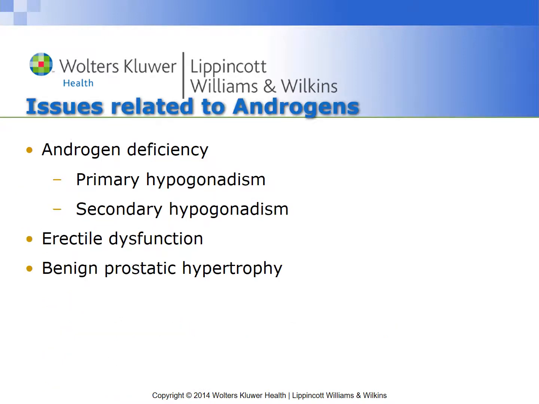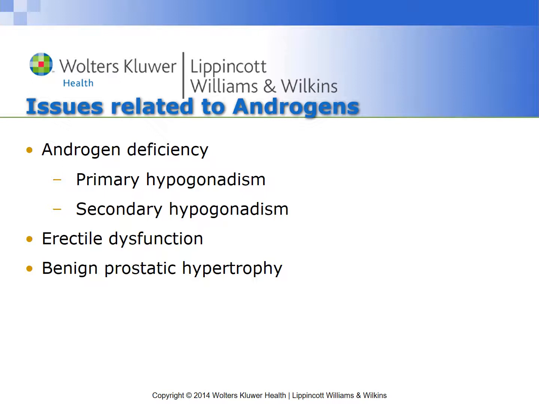So issues related to androgens can be quite embarrassing, especially for children or adolescents, but we have the primary hypogonadism and the secondary hypogonadism. And let's talk a second about that. So an androgen deficiency can be from a problem with the hypothalamus. It can be from the anterior pituitary or from the gonads.